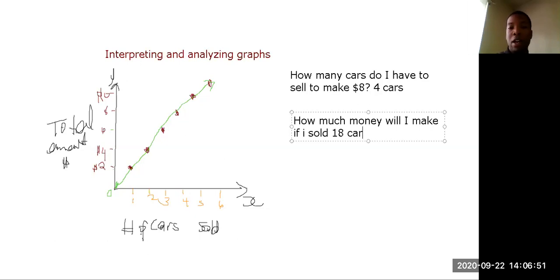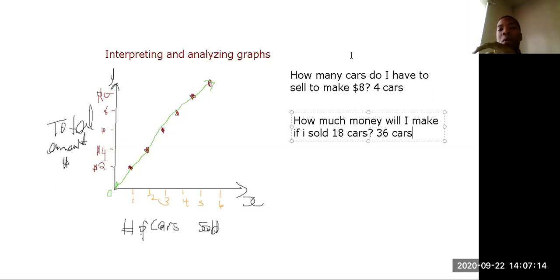Now, how much money will I make if I sold 18 cars? Yep. How much money will I make if I sold 18 cars? 36. I like that we're getting the constant, because we're going to be writing equations tomorrow. All right, we're going to start coming up with our own equations now. All right, so this is 36.